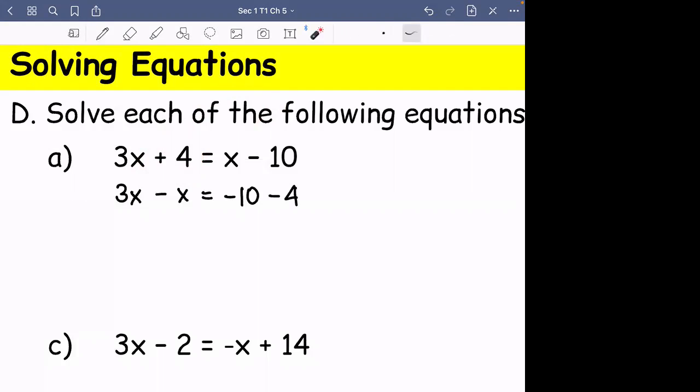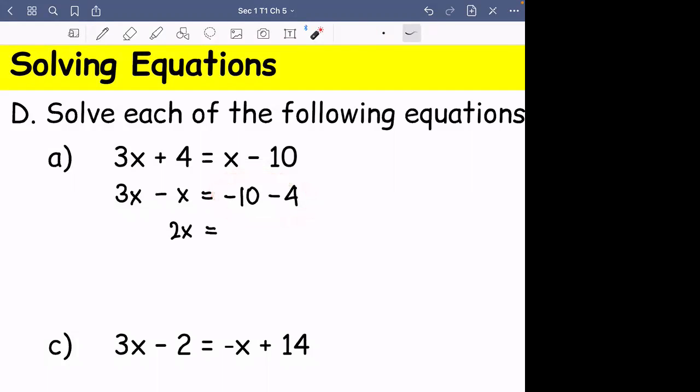Let's simplify first. What is 3x minus x? That is 2x, right? So 2x equals, what is negative 10 minus 4?